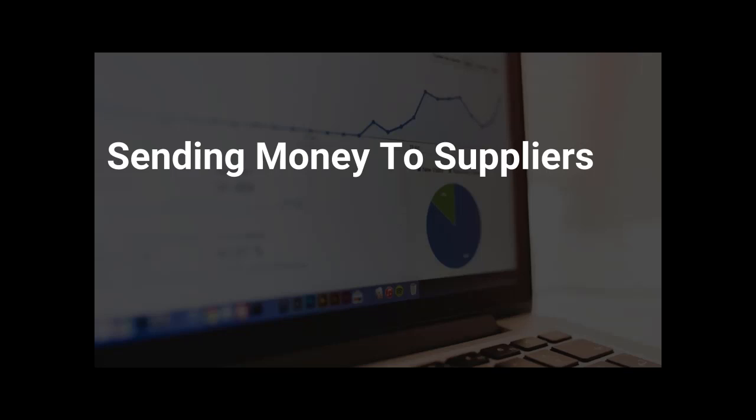But when you wire money, you're wiring it through Alibaba. Alibaba will actually give you the wire information, and you're wiring it into an escrow account. Suppliers on Alibaba that have been there for years and are very trusted will actually get that money right up front. Suppliers who have not been on Alibaba as long actually have to wait to get that money until they ship the order. So you do have assurance that you're actually going to get an order shipped to you.